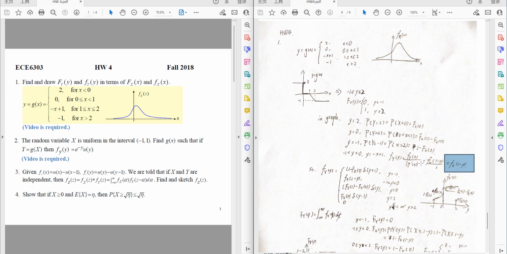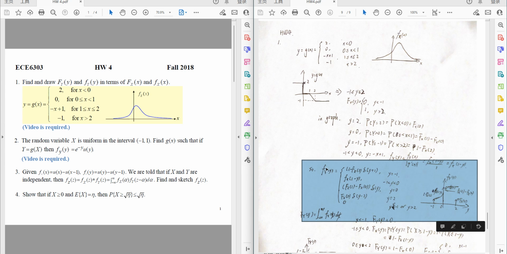The derivative is 1. So now we get the whole y density function is this.